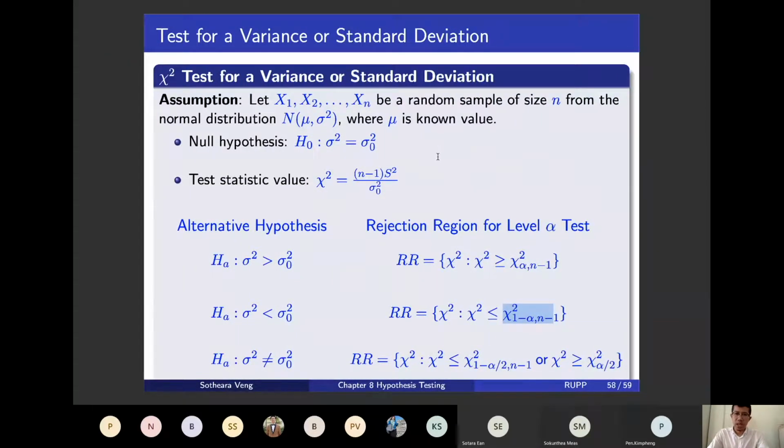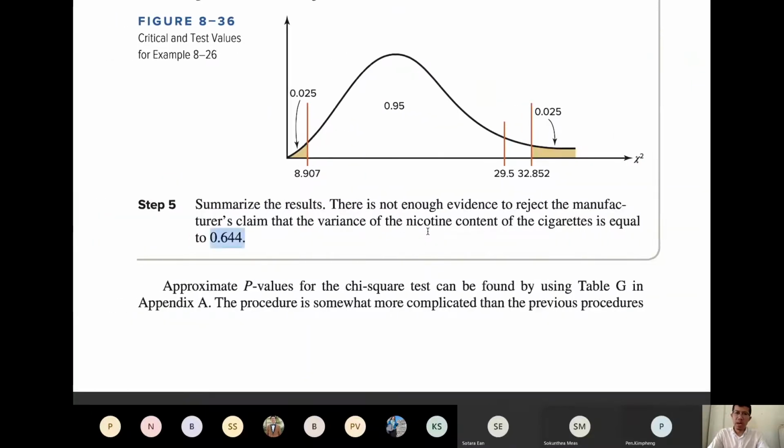Actually, you may ask, the way to conclude the hypothesis testing can be to compare the test value with the critical value, right? As you have seen so far. And another way to come up with the conclusion, you may compute the p-value instead, right?